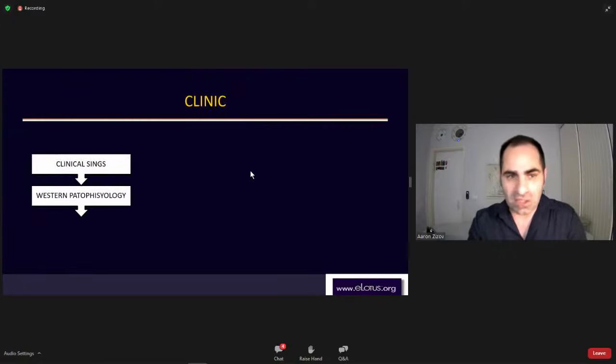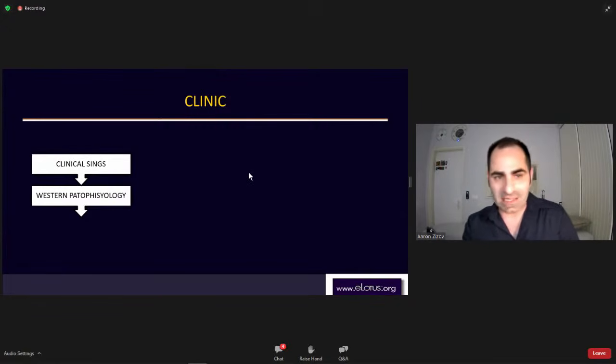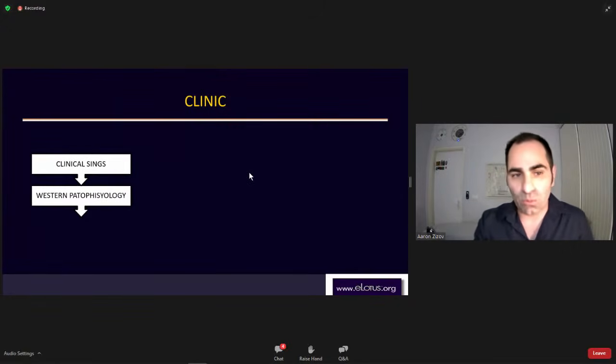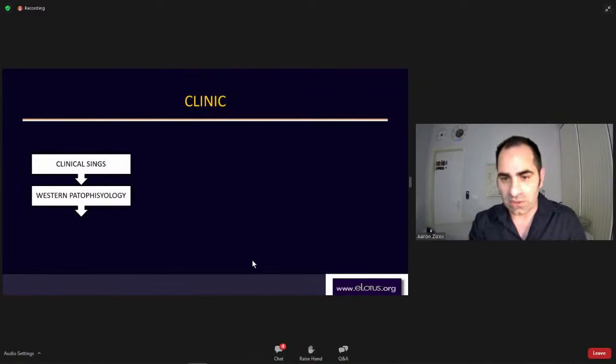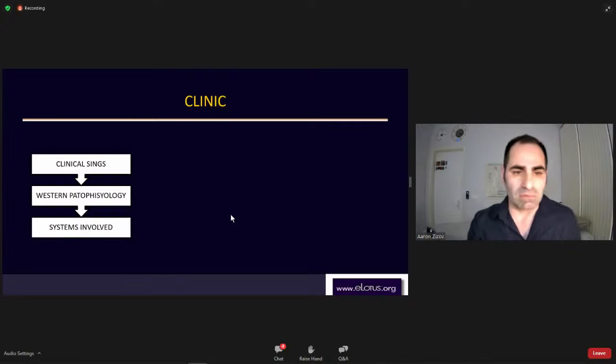So a patient comes with some clinical signs. We need to understand the Western pathophysiology, because usually patients will come after they have visited the Western doctor, and we need to understand which systems are involved. Is it orthopedic? Is it a slipped disc?